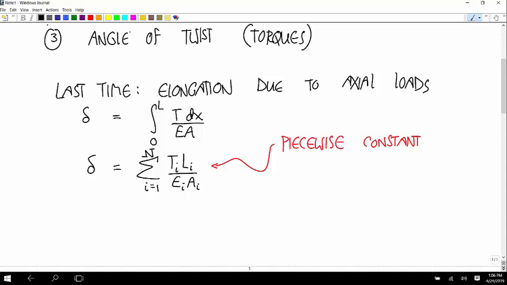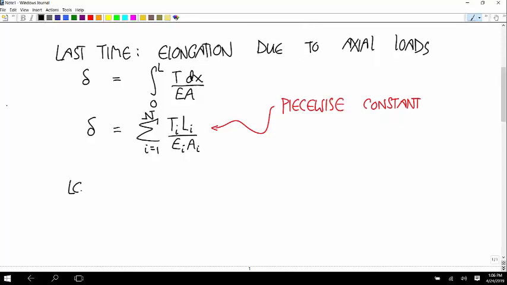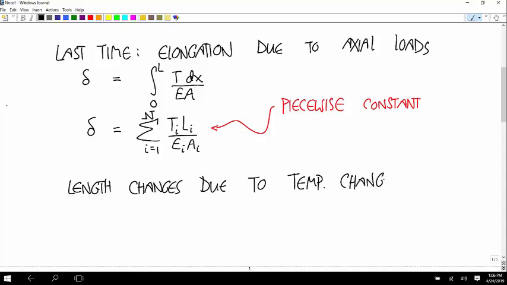And there's another way that you can have elongation or contraction, and that is changes in temperature. So now length changes due to temperature changes. And this is a simple formula.